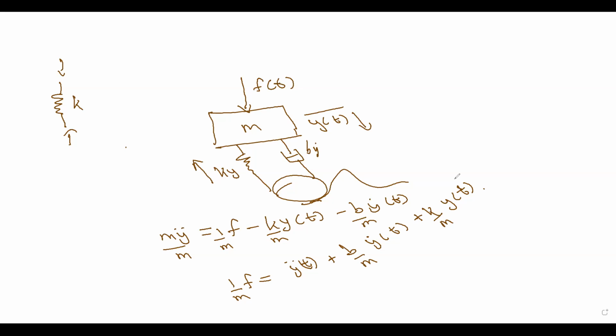Then you can take the Laplace transform of this equation using the Laplace table, and then you can actually model the system. But for this particular case, the response obtained up to this point is okay.